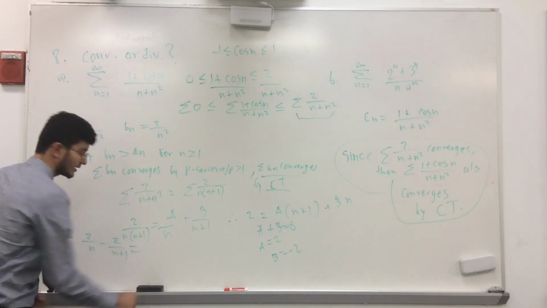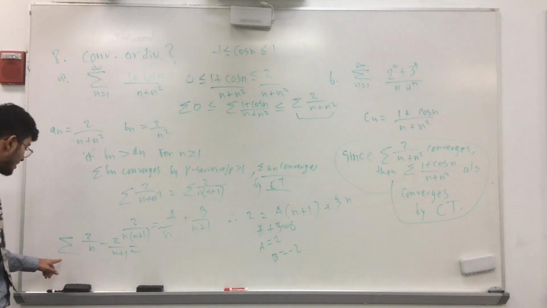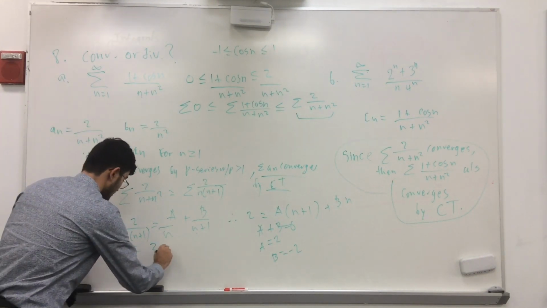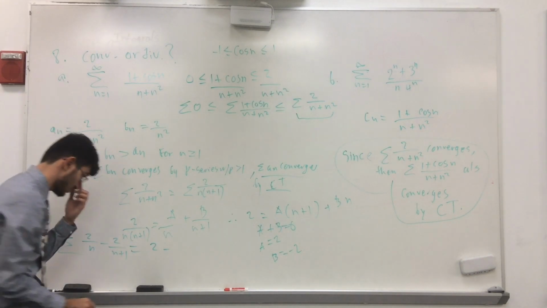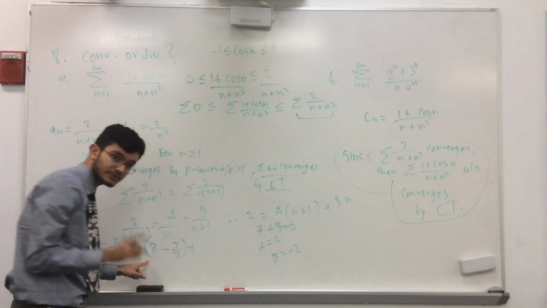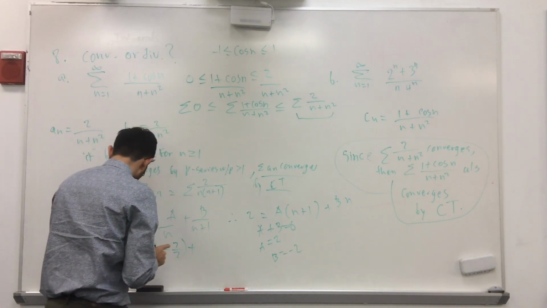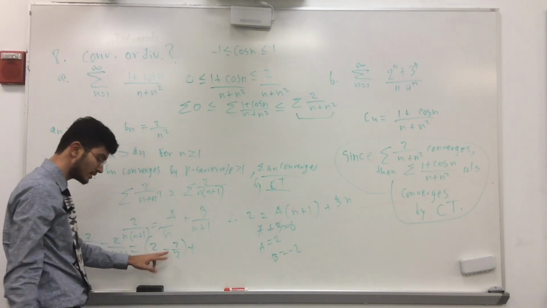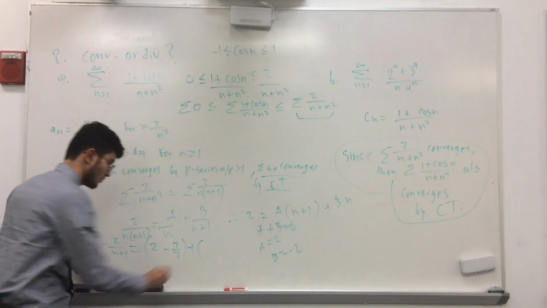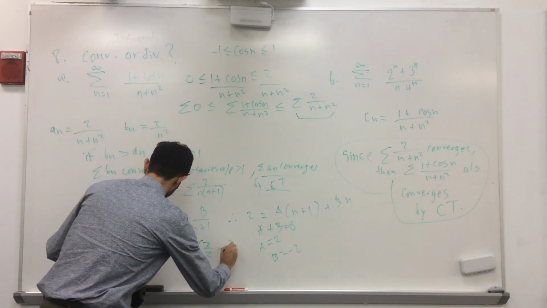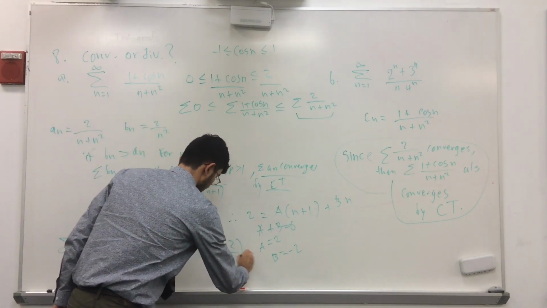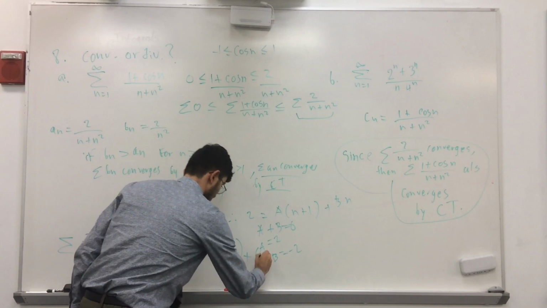We can evaluate a few terms to see how it's going to look from 1 to infinity. At n equals 1, we get 2 minus 2 over (1 plus 1), which is 2 minus 1. At n equals 2, we have 2 over 2 minus 2 over (2 plus 1), which is 2/3.